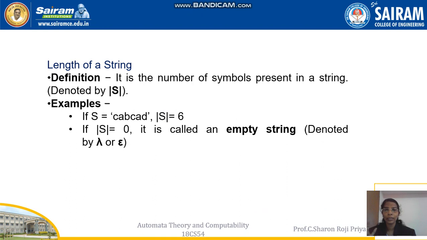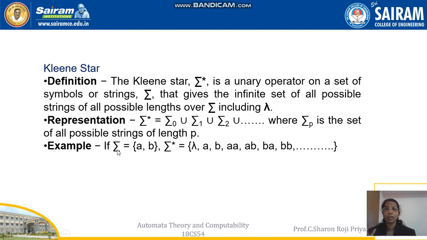So how can I denote the empty string? Using epsilon. Star means null or more occurrences. So A star means I can have null, a single A, 2 A's, 3 A's, and it goes on. So sigma star means, what is sigma? The alphabet. Star means zero or more occurrences of the alphabet symbols.